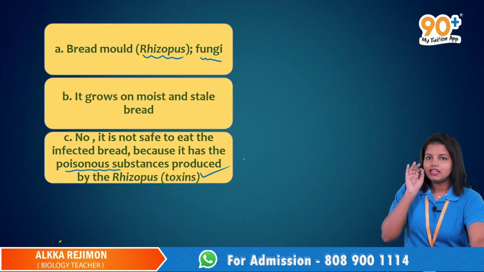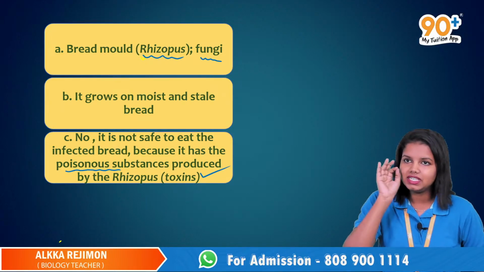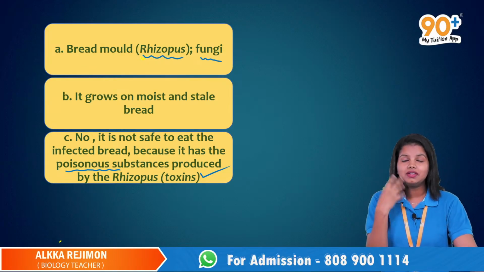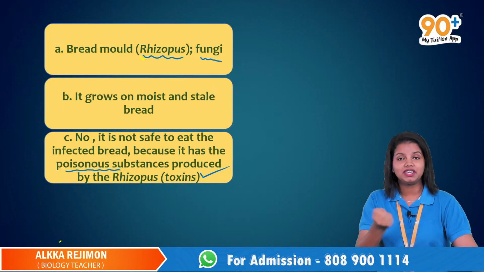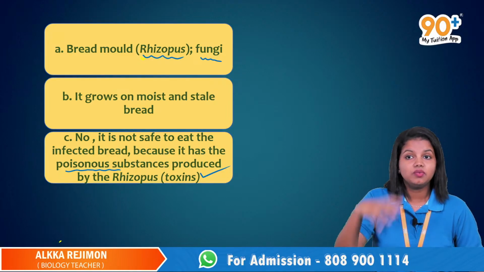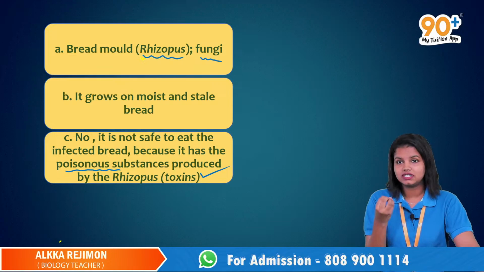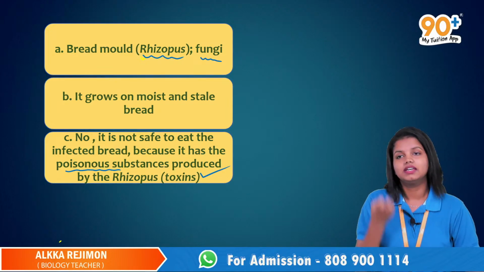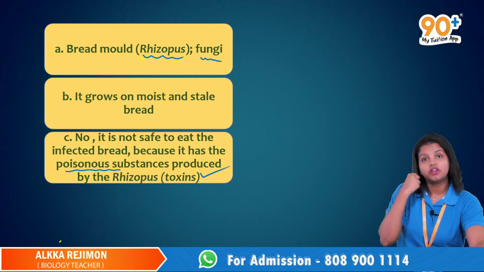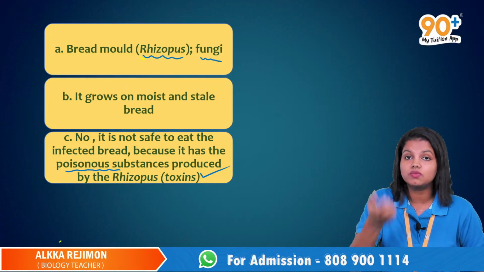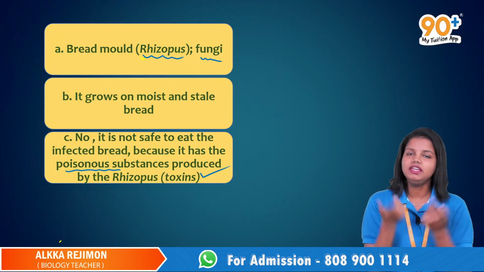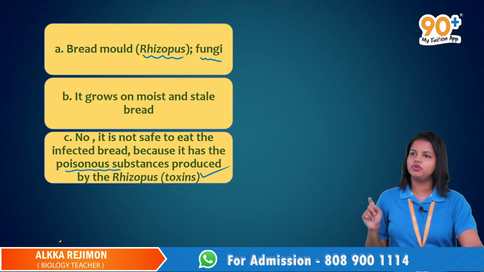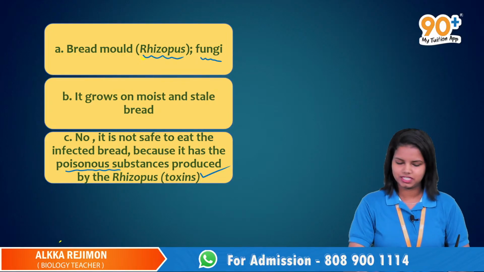This rhizopus can produce certain toxic, dangerous, unwanted chemicals into the bread which we call toxins. Once these toxins get into your digestive system, you can get infected. So it's not safe to eat such food items.